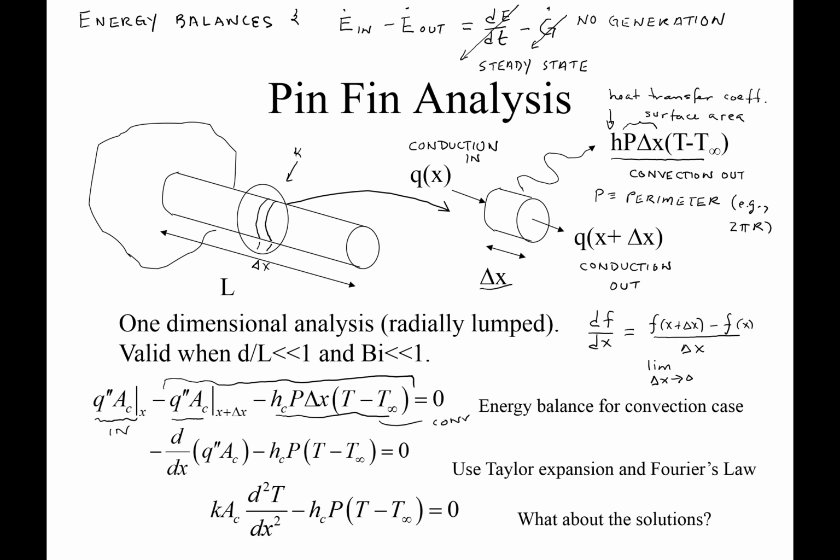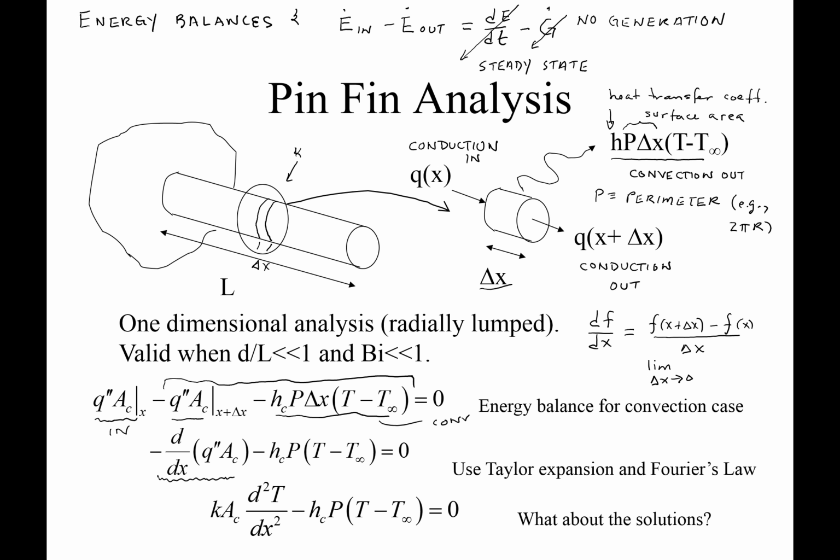So that is in fact the definition of a derivative. And as you'll see here, that's what we did with the in conduction term and the out conduction term. So both of those together in the limit of delta x going to 0 are the derivative with respect to x of q double prime A_c.